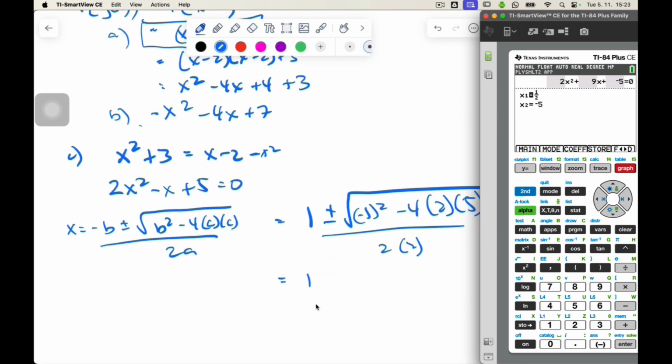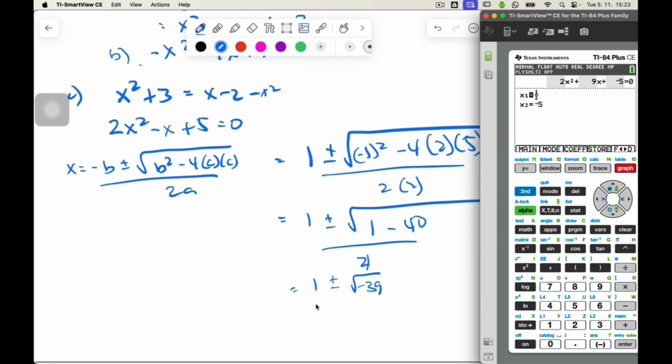Well, that's 1 plus or minus the square root of 1 minus 40 over 4, which is 1 plus or minus the square root of negative 39 over 4. And I know I cannot have it, therefore no solution.